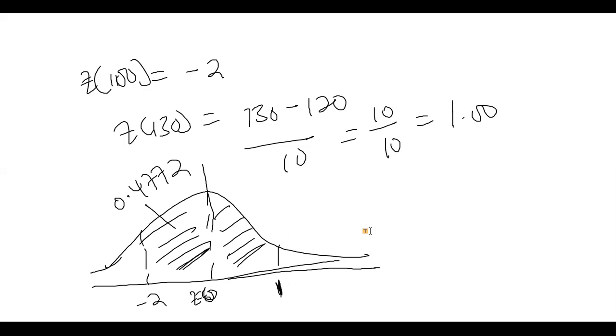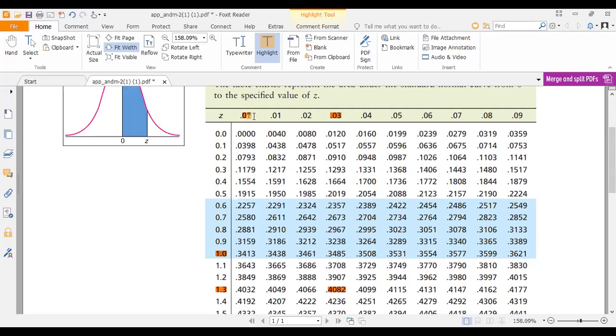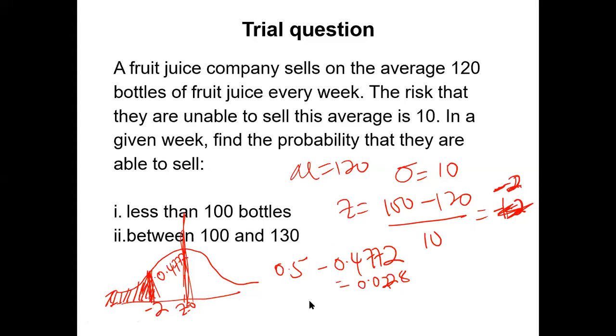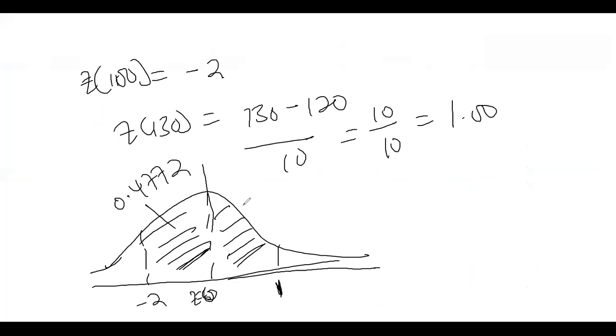So here we have 1.0, then 0.00. So the probability will be 0.3413. Okay. So from 0 to that z-score of 1, the probability there is 0.3413.